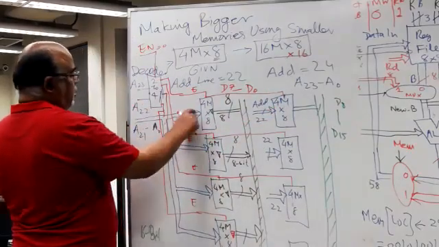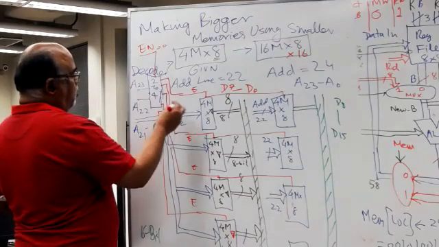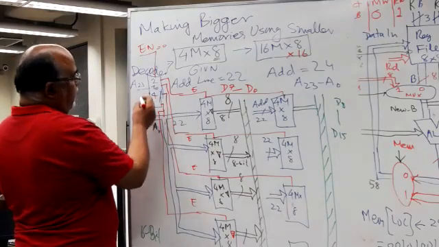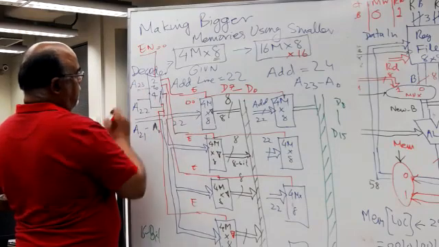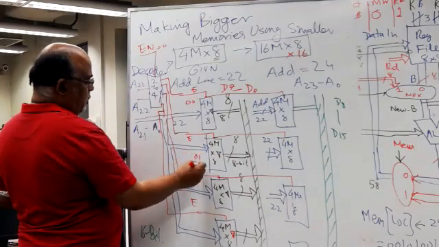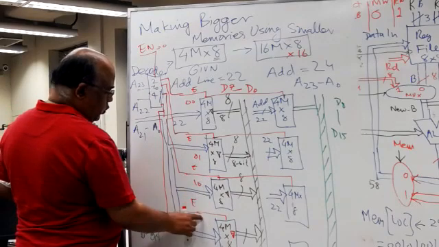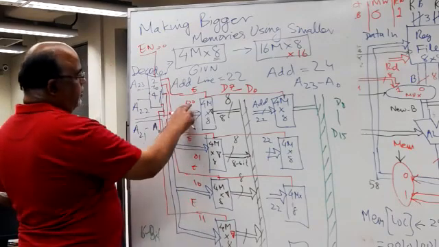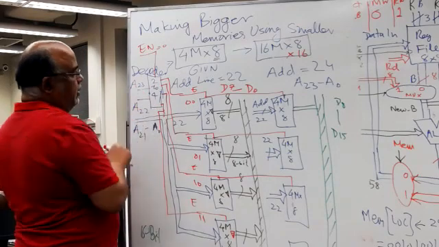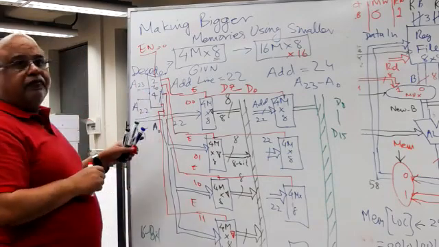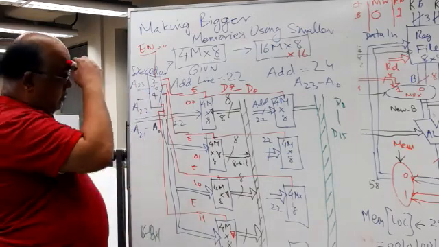So this chip is selected when the address bits A23, A22 are 00. This is when they are 01. This is when they are 10, and this is when they are 11. So these are the MSB bits of the address. Two MSB bits of the address determine this.